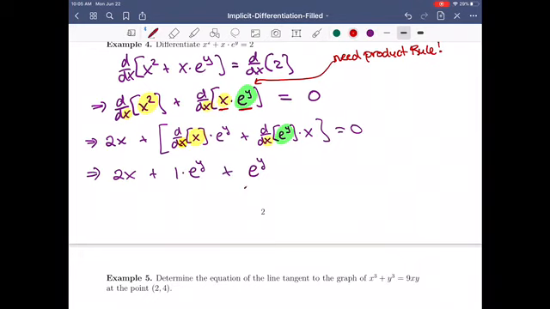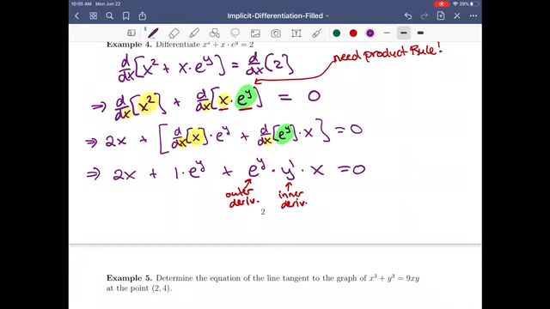Okay, so this is the outer derivative. So we're using the chain rule. So I want to remember to multiply by dy dx. I'm going to use y prime here. Okay, so this is the inner derivative. Okay, and then I have to multiply by the first function, which is an x.